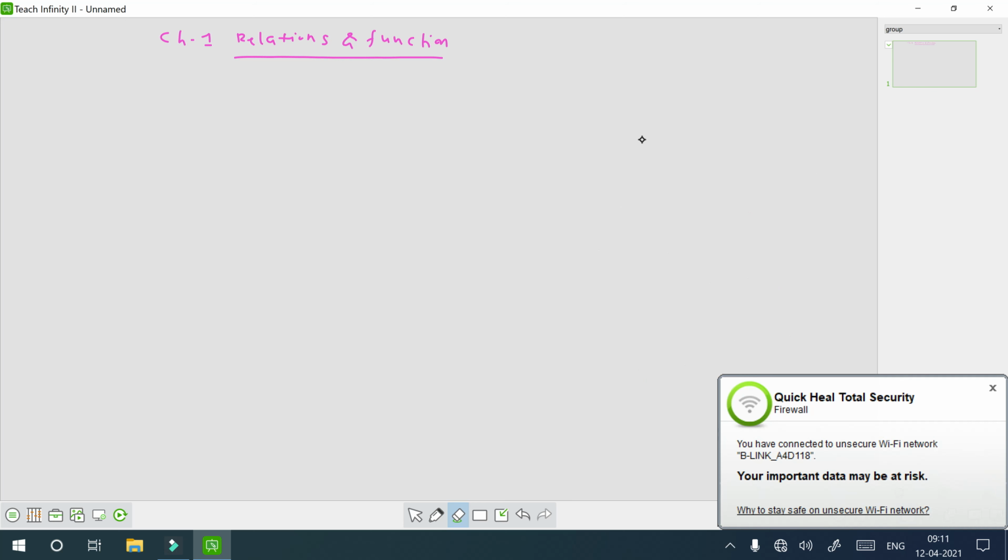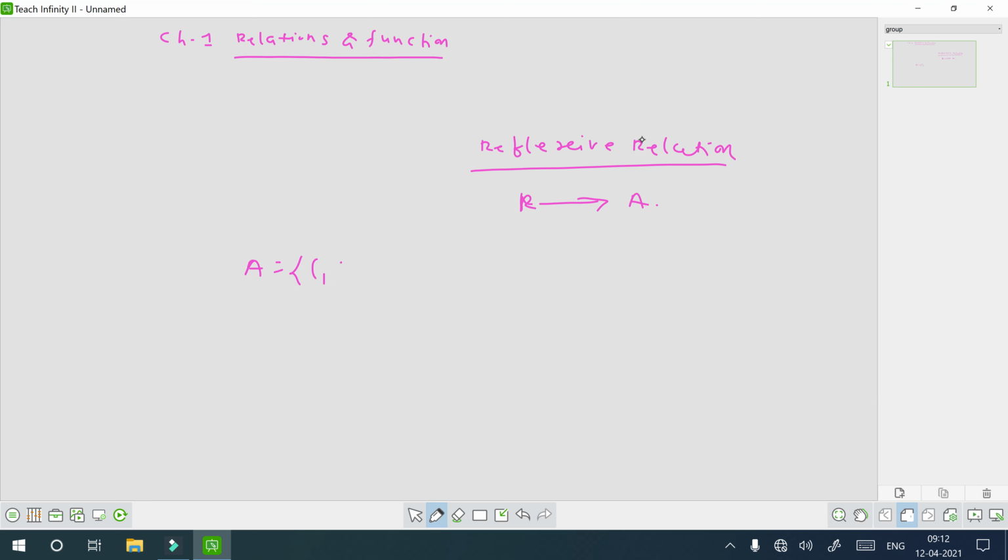And in last lecture, we already saw the types of relation. Reflexive relation. Now see, suppose R is any relation on set A. For example, let us consider A is equal to the set consisting of two elements 1, 2.